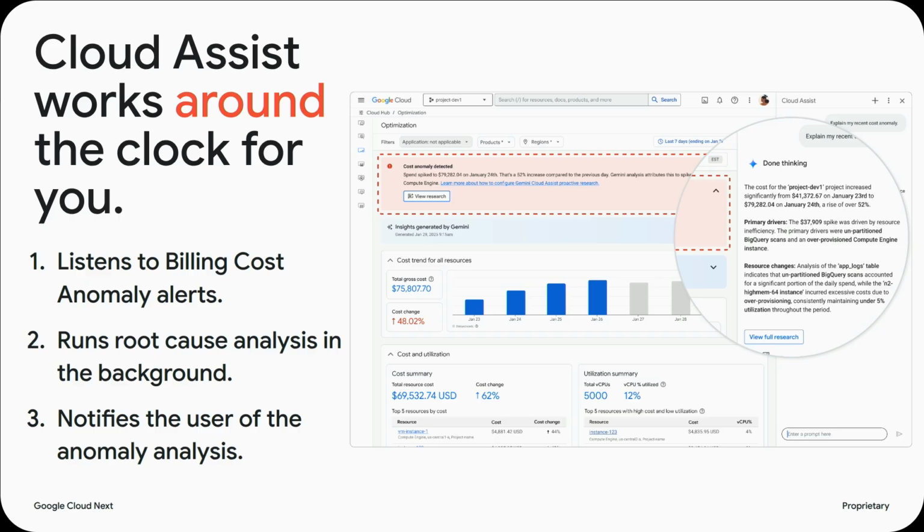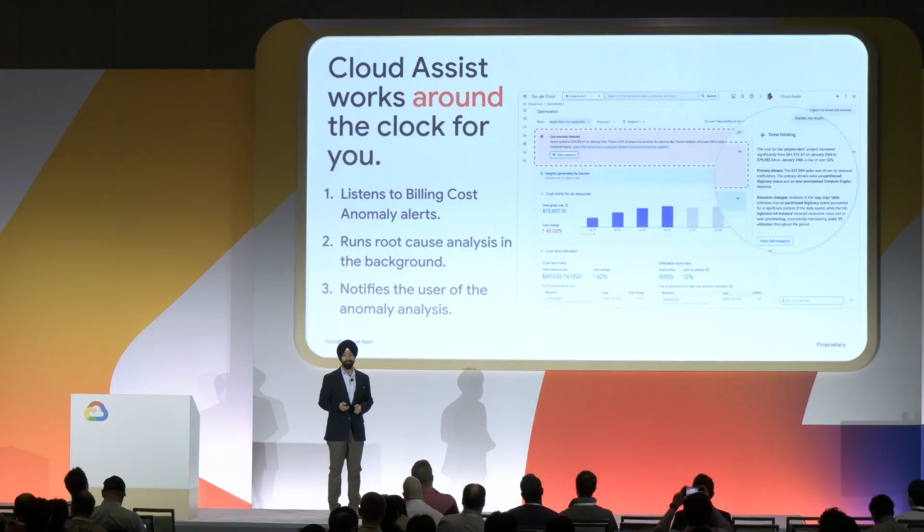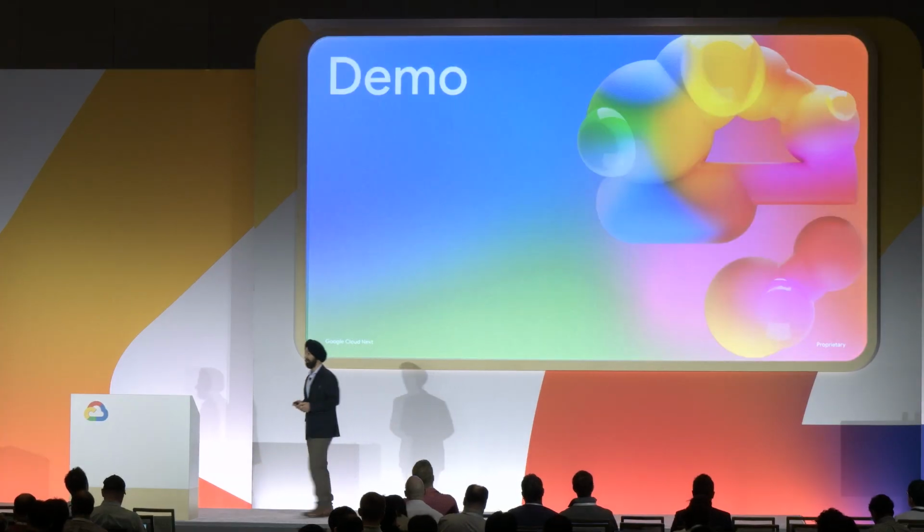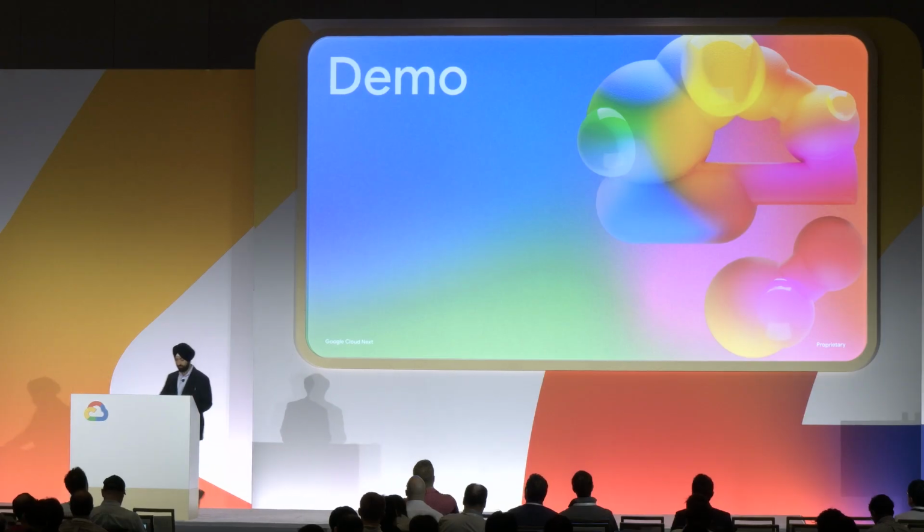What if, before you've even grabbed your morning coffee, Gemini Cloud Assist has run in the background, analyzed your cost data, applied its deep reasoning engine capabilities, and figured out the root cause of your cost spike, and now the results are ready for you proactively? Gemini Cloud Assist proactive agents can do just that. And I'd like to show you how all this works in a demo. Can we switch to the demo, please?